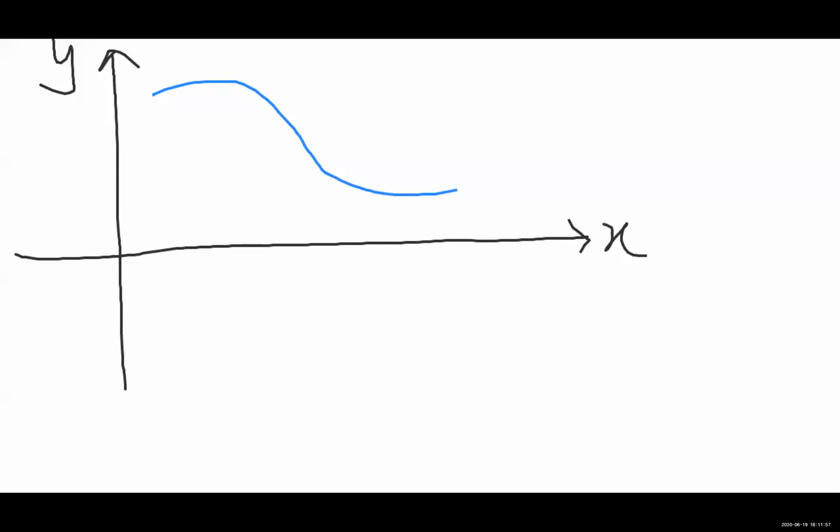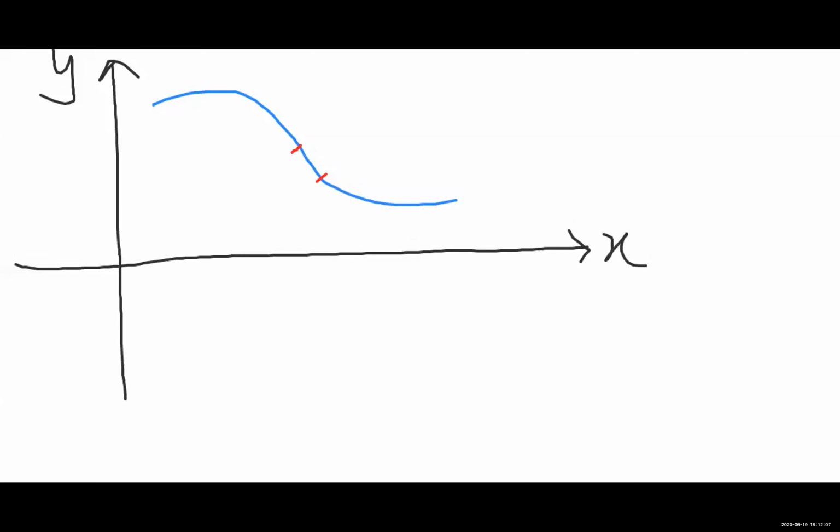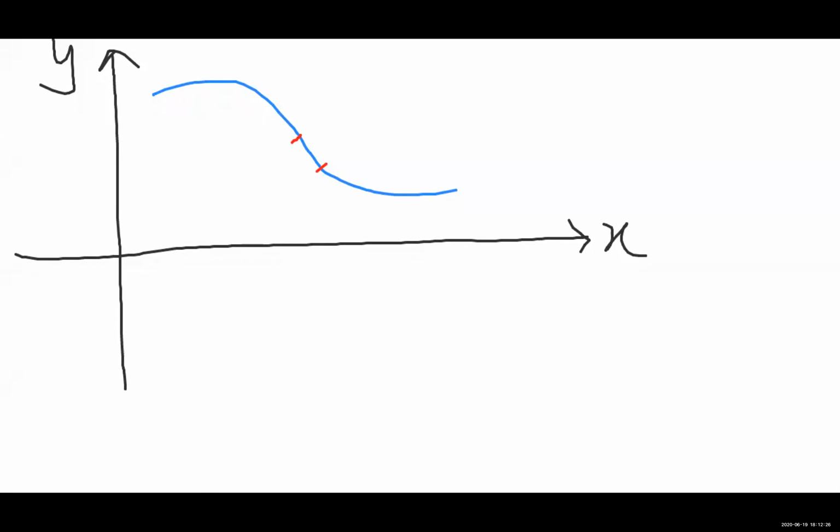Okay. So what I do is I consider this portion of the curve, and this portion of the curve looks like a straight line, right? And I want to find the length of this straight line.